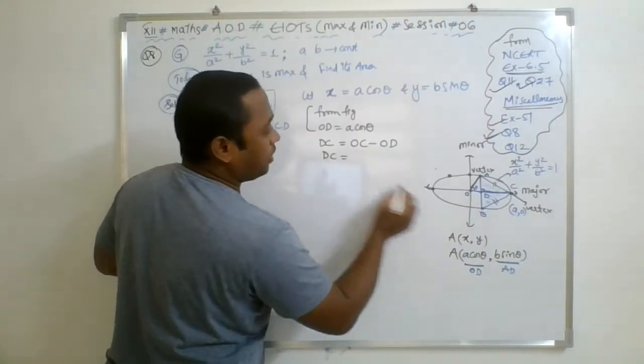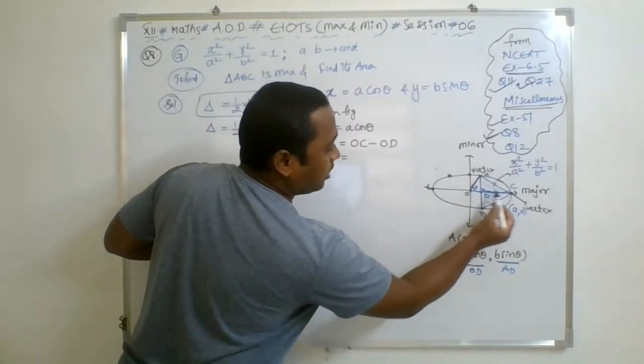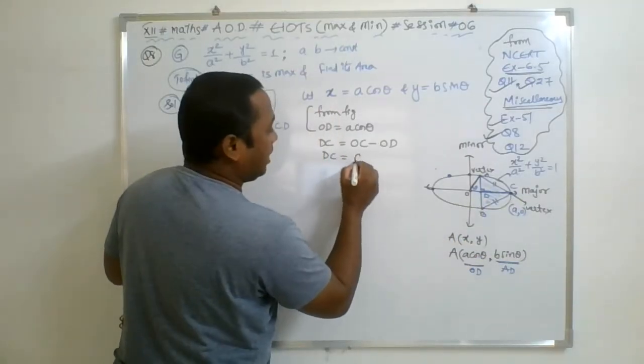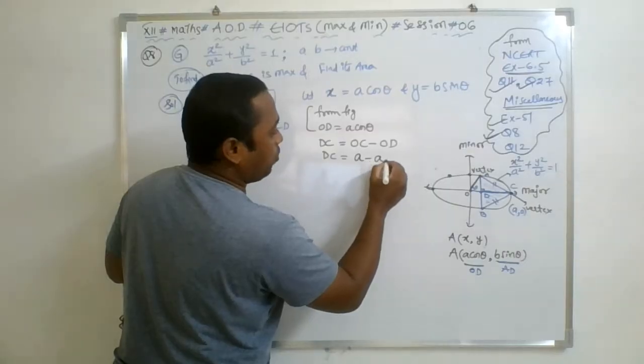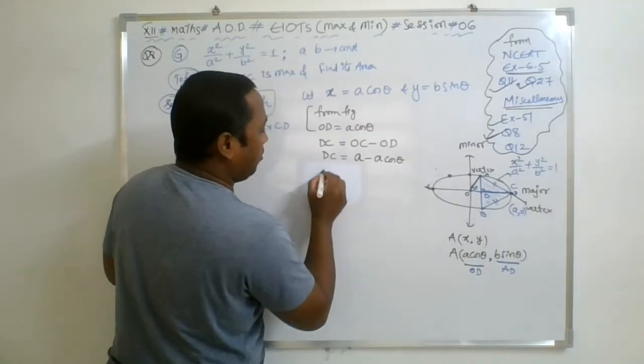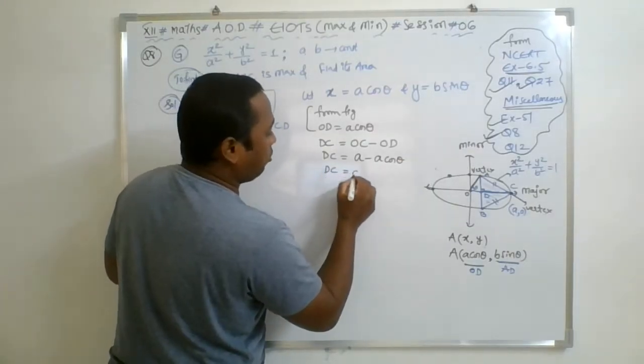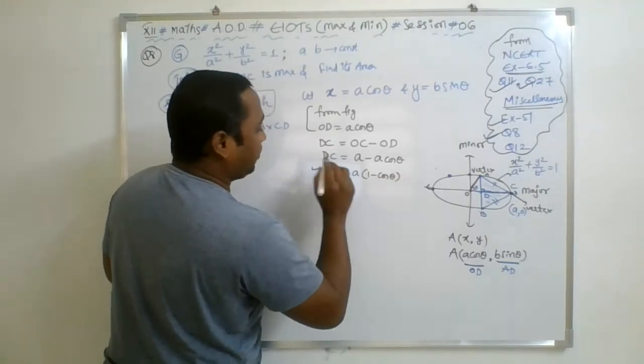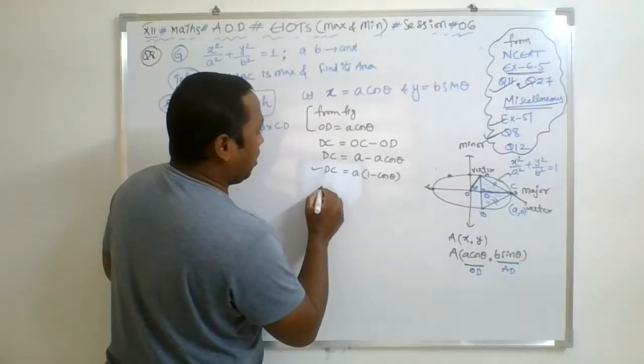What is OC? The length from the origin to here is the semi major axis, that is a, minus OD which is a cos theta. So finally I got the length of DC as a into 1 minus cos theta. DC is done.